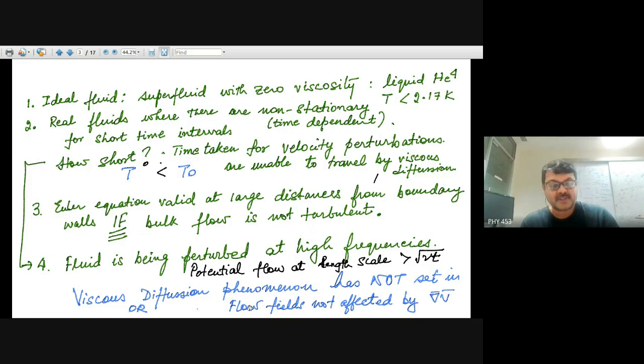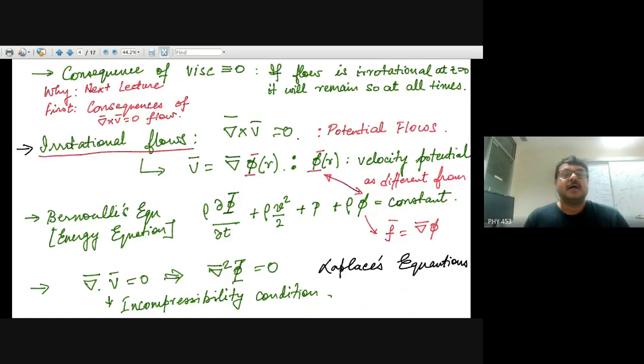Viscous diffusion phenomena haven't set in at those length scales, so velocity fields are not affected by grad squared of v. That's where you use the Euler equation. How and why, you have to wait.